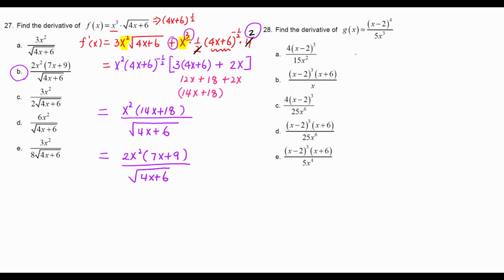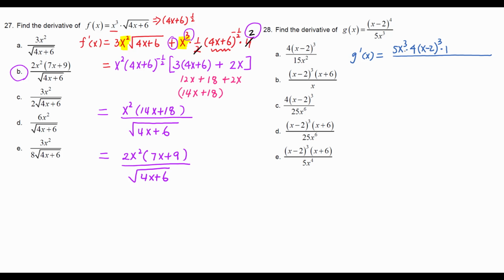So let's do that. g prime of x is equal to low, 5x cubed, times d high, the derivative of high. That's a composition of functions, so you need to use the chain rule. You take the derivative of the outer function, which is a power function, so you get 4 times x minus 2 to the 3rd power times the derivative of the inner function, which is 1.